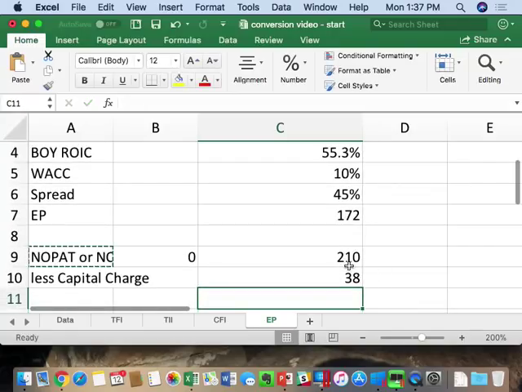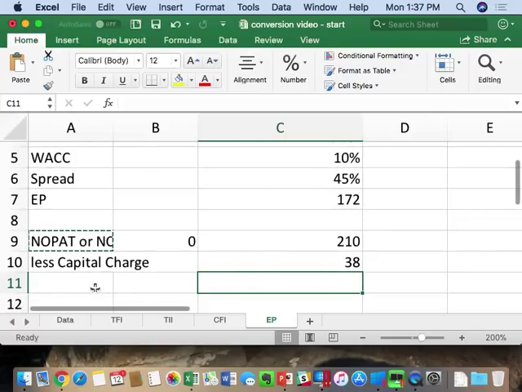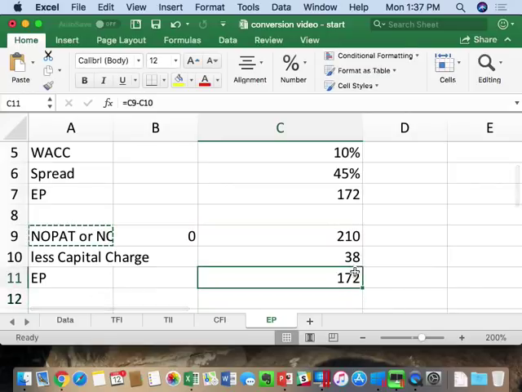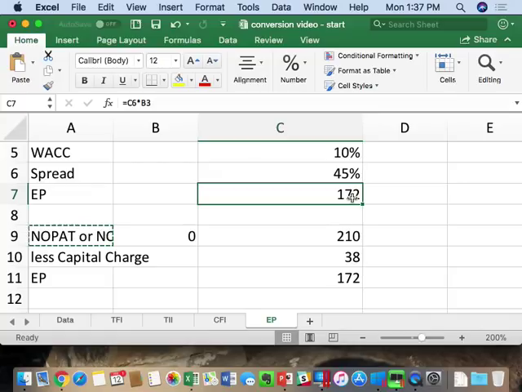I need to make 38 to pay back the investors their expectations. I made 210. The difference is $172. Okay? So one's called the spread method, ROIC minus WACC times capital. One's called the capital charge method, NOPLAT minus capital charge equals economic profit. They balance. 4 statements, 4 balancing statements.